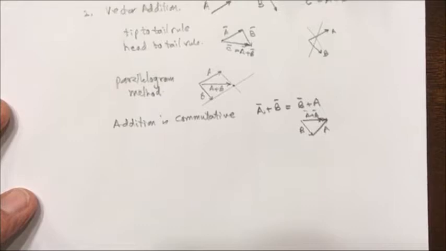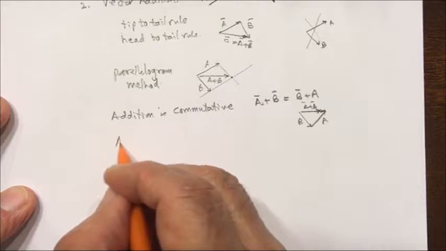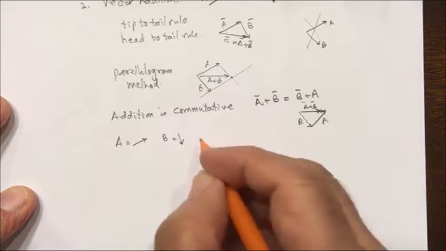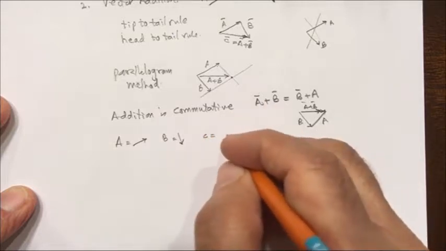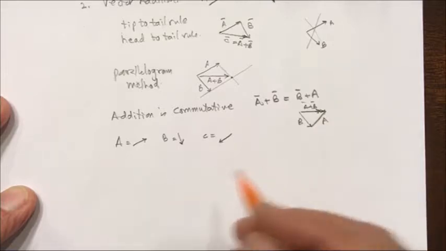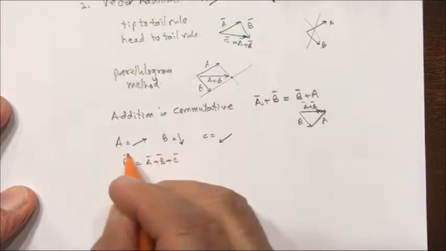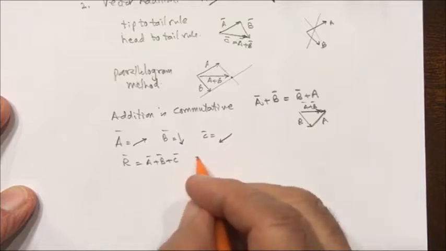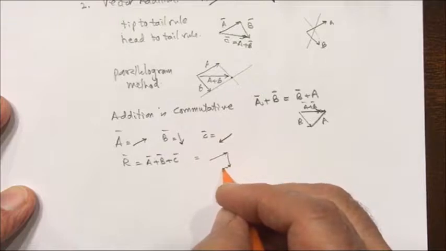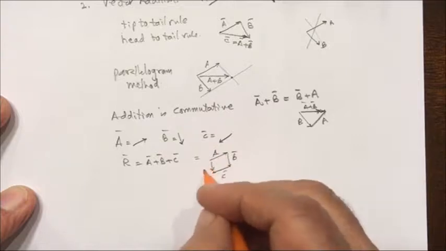Now, if we have more than two vectors, for example, A, B, C, and D, and well, A is like that, and B is like this, and C is let's say this way, and you want to add all three of them, then we can add them in any order we like. The resultant, which is A plus B plus C, is going to be first the A, then the B, and then the C, and then this will be the resultant.